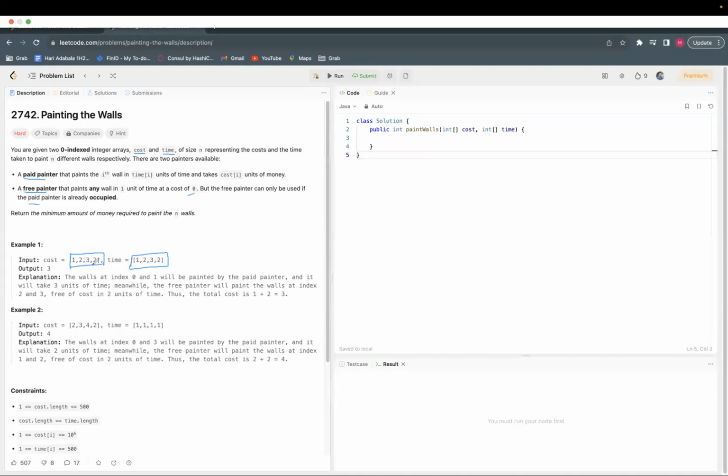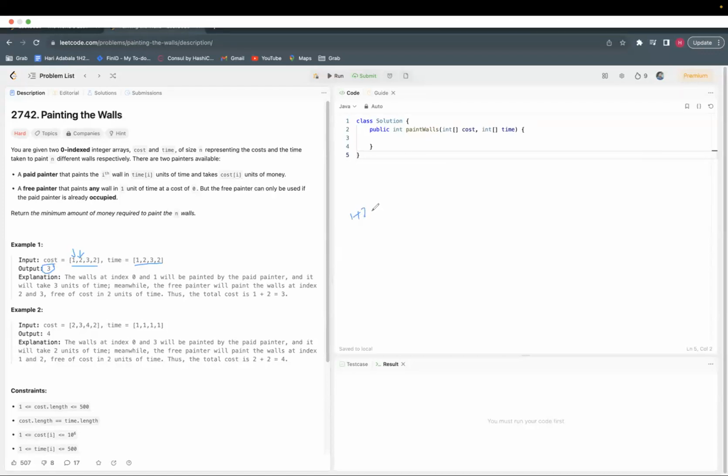So if you see in this example, the minimum cost is given as 3, because we ask the paid painter to paint the first one and, let's take, the second one. While he's painting these, the total cost will be 3, since 1 plus 2 is 3.